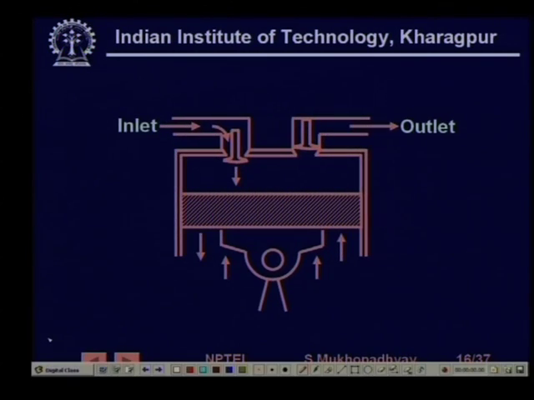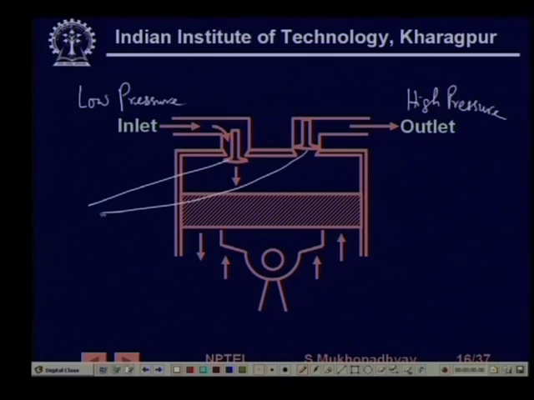Typically, this is the low pressure inlet port and this is the high pressure outlet port. These are the two valves which actually control the motion, and this is coupled to the prime mover. Maybe it is a cam operated mechanism.